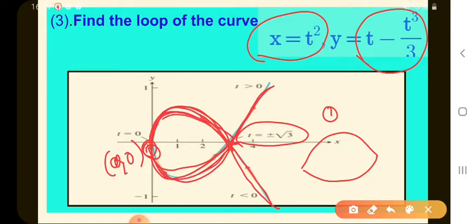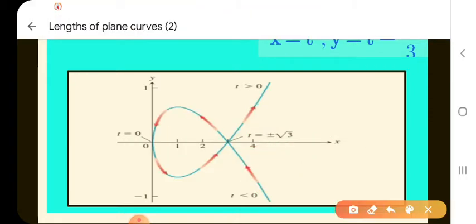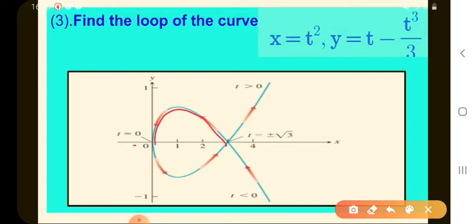For finding the whole loop length, I find the half length of the loop and double it. First I find the half part of the length, 0 to root 3 only, and I double the length. Then I get the total length of the loop of the given curve.